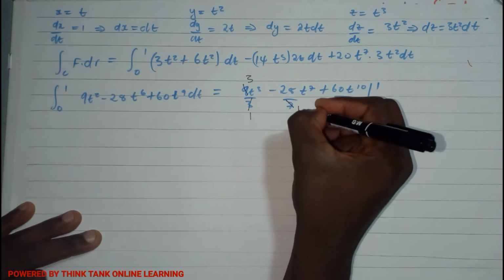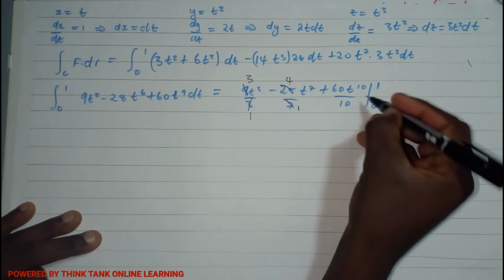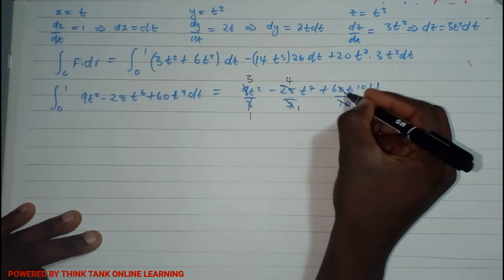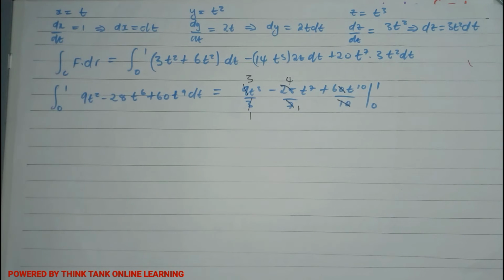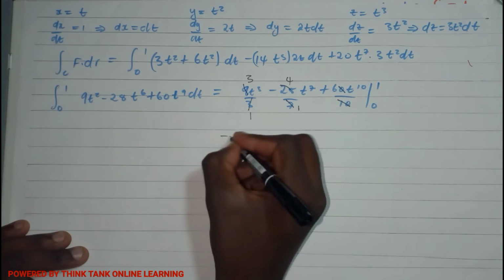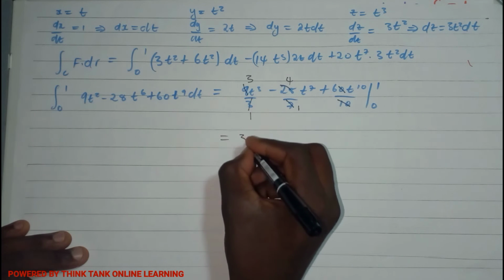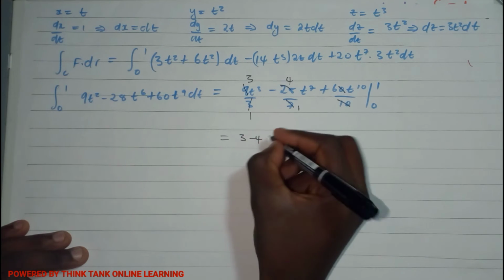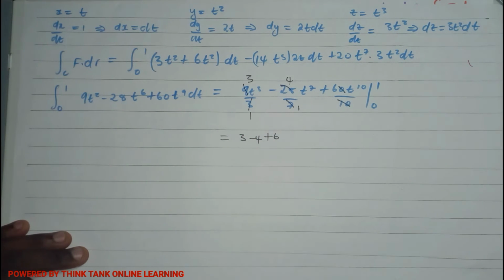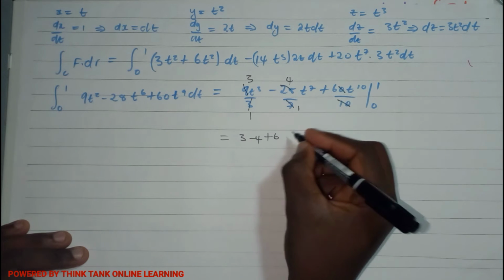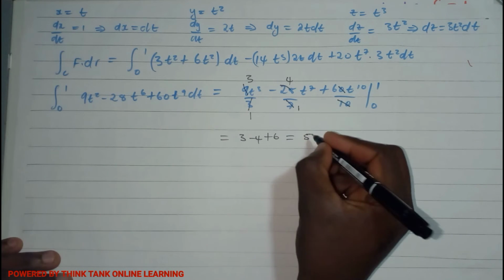Then 7 into 28, we're going to get 4. Then here, we're going to get 6. So that means we have 3 minus 4 plus 6. And what is the answer? The answer is equal to 5.